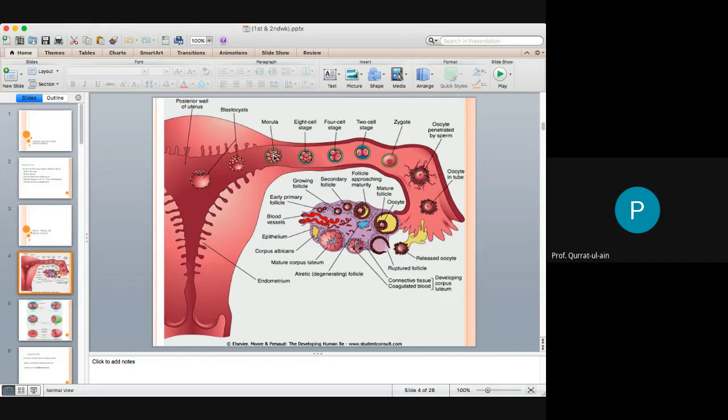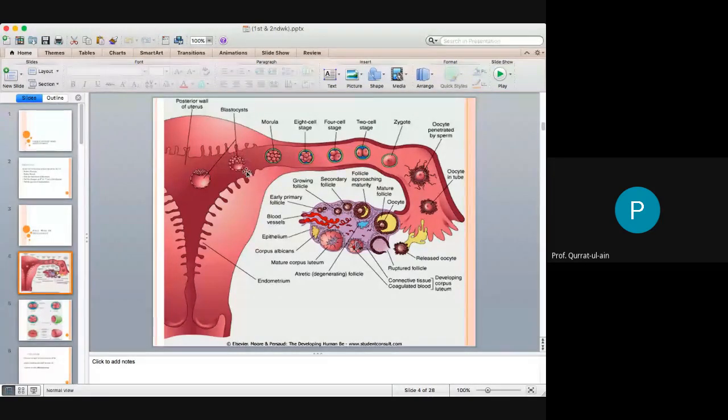And when it enters the cavity, this zona pellucida is digested by the secretions of the uterine cavity, and the fluid in the uterine cavity will seep in. The fluid will accumulate in between the cells, and the cells will arrange themselves into groups.